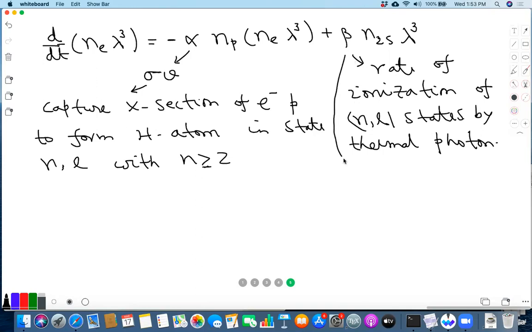What this actually represents is the quantity sum over nl of beta_nl n_nl λ³, because beta_nl is the rate at which the nl state gets ionized by thermal photons. Then you multiply by the density of nl states, that's n_nl times λ³. But because n_nl can be expressed in terms of n_2S, you can write this in terms of n_2S.